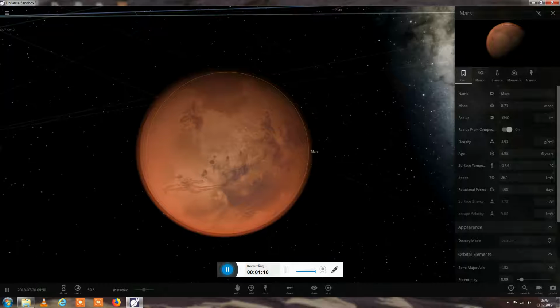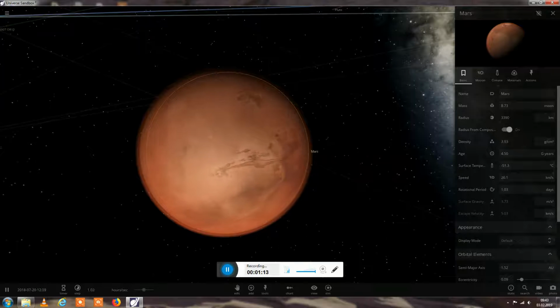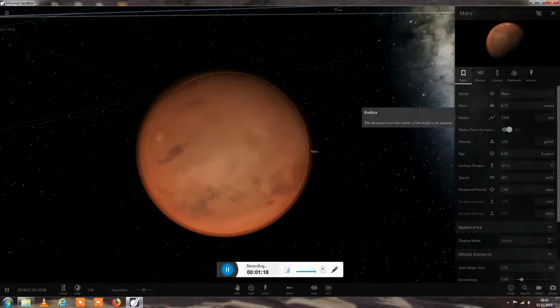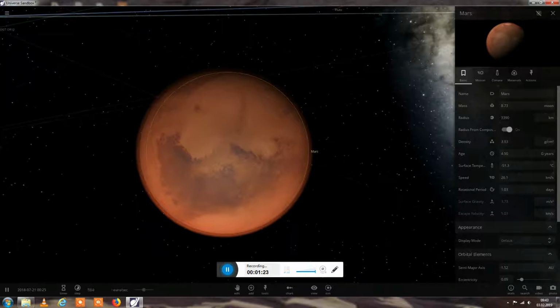Now, as you know, Mars is a barren desert planet basically. I mean, its mass is just under 9 times that of the Moon, or 8.73 masses of the Moon, almost as much as 9 moons, and its diameter is basically 6,700 kilometers, basically about half the size of Earth.